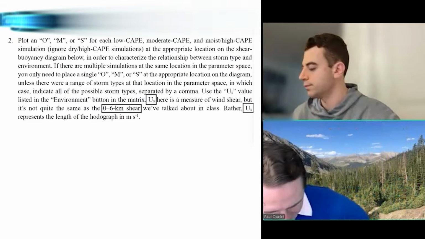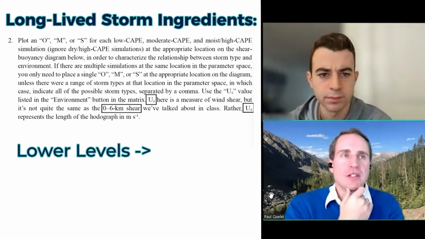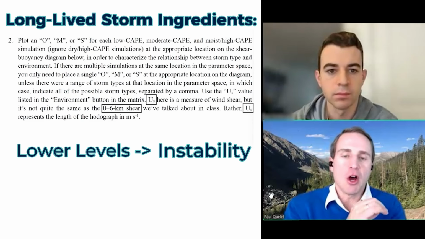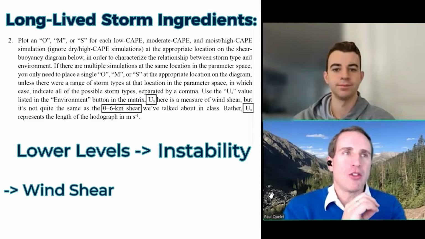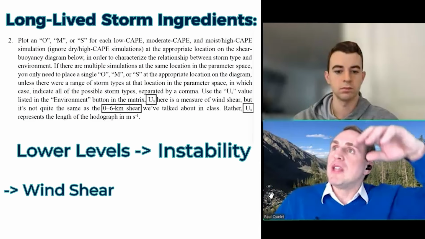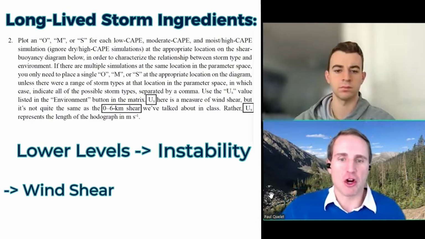Part of the reason 0 to 6 kilometers is used is that it's generally below the level of non-divergence, and generally at lower levels you've got instability. And so you also want shear where there's instability so that the cold pools will not have the rain falling into the region where the updraft is occurring.